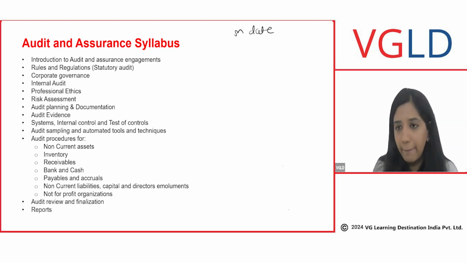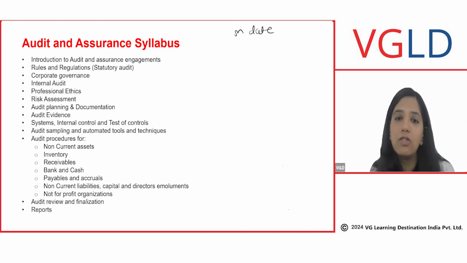So the audit sample, while it is fixed in the beginning, is flexible when it comes to your checking, because as you get into the audit, your sample size can shrink and it can also increase, because it depends on what is going on in the company and what all things you are able to find out.